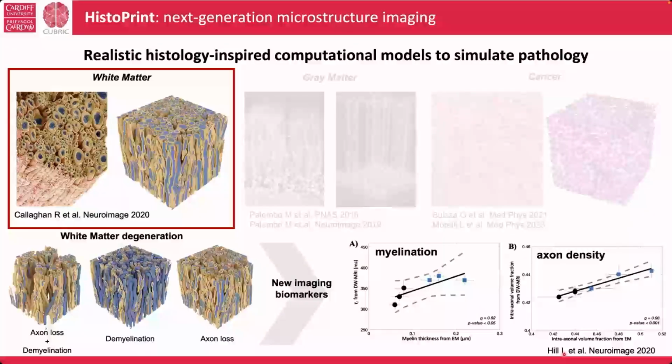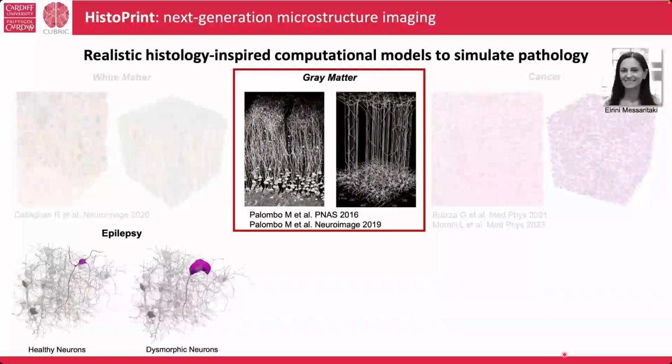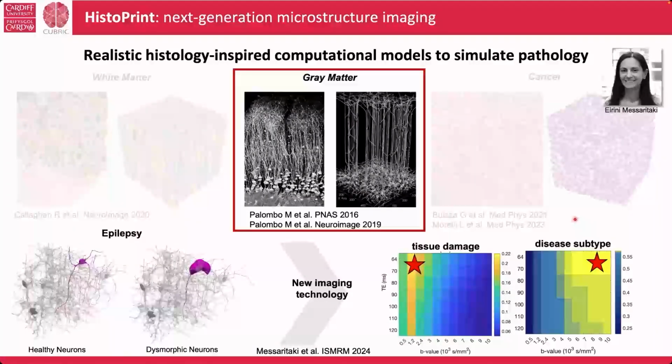Then Eirini last year presented at ISMRM our approach of highlighting the pathology in epilepsy. And here you see how to take neuronal reconstruction, and then we artificially create balloon cells or abnormal neurons that are typical of epilepsy.